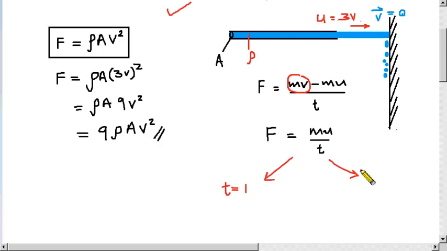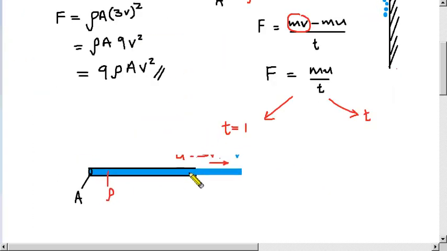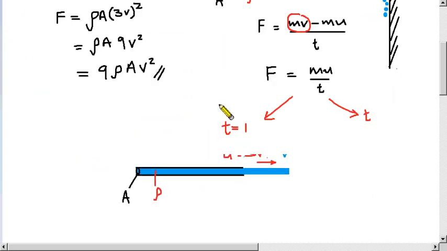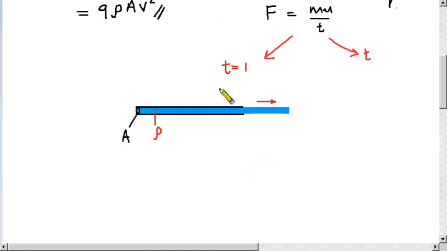The other method we just take any t value, that way also we can do. So let us use this first method. You have to consider the water column that leaves the tube per second, t equals 1.